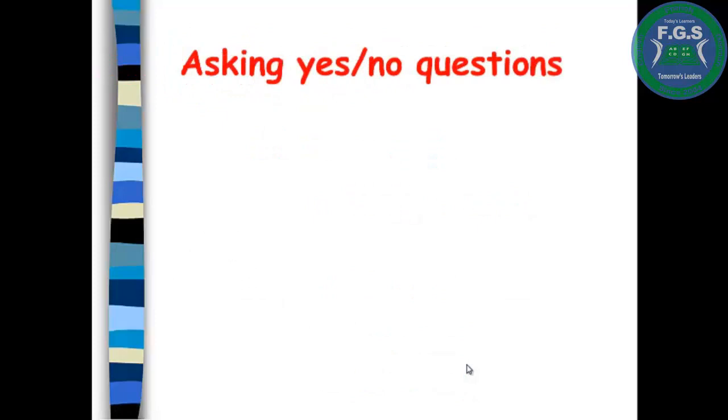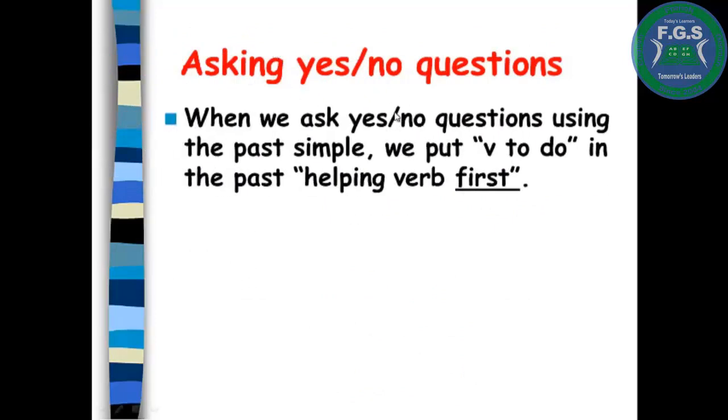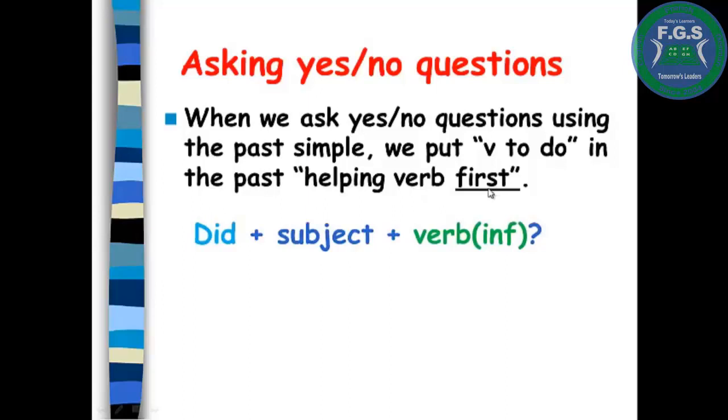Asking yes or no questions. When we ask yes or no questions using the past simple, we put the verb to do in the past helping verb first. Let's see. Did plus subject.